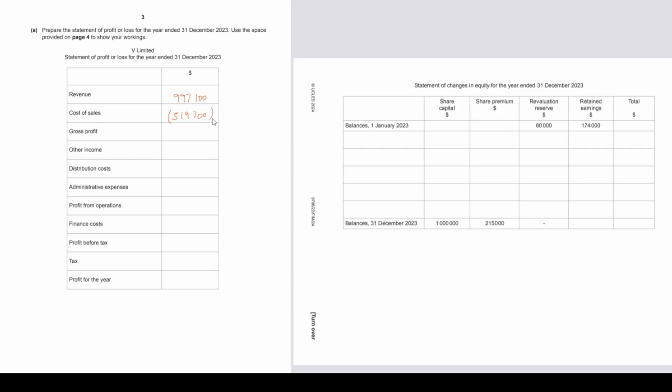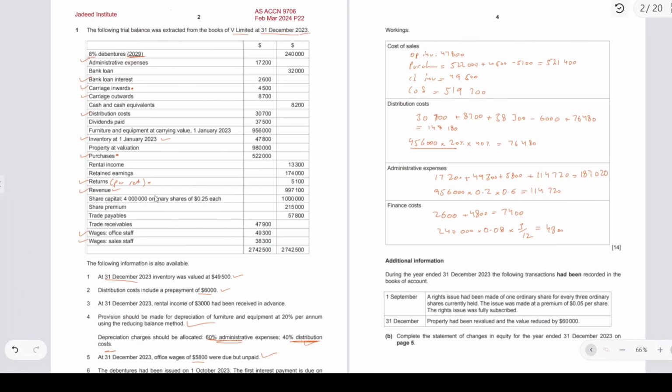Of course, you're gonna subtract that. You'll get gross profit. For the other income, you have its own calculation. You have rental income, for which you don't even have space, but you're gonna still show you're working somewhere.